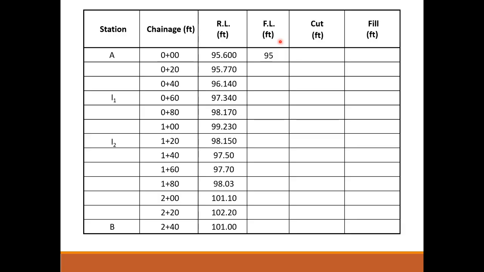Formation line, as I have discussed earlier, is the proposed line that indicates how the surface profile should look after the construction. It is always a smooth line, either in up gradient or low gradient or both. First up and then low gradient, or first downward and then upward gradient. It can be any case, but it should be remembered that the formation line is always a smooth line. It is changing at some constant rate of gradient.